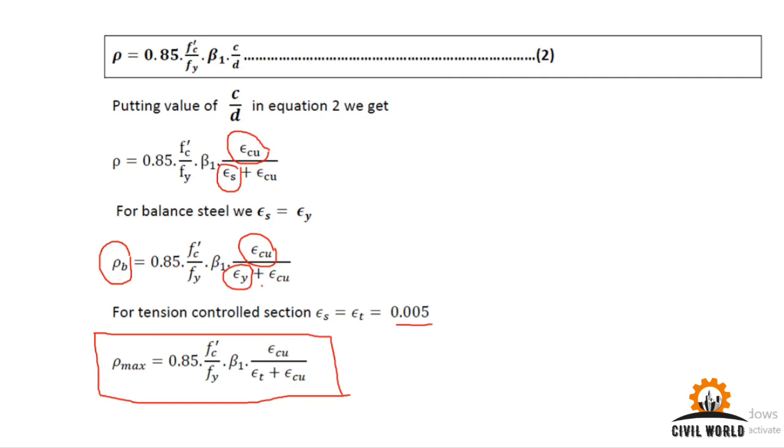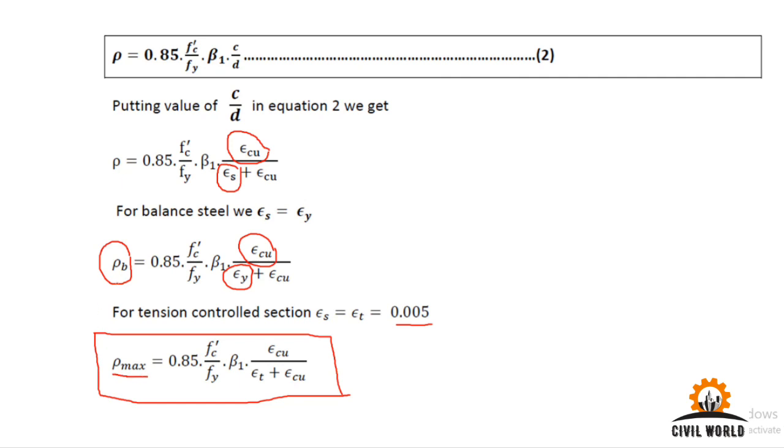Then you can put in the same values except epsilon t, which is 0.005, and you can calculate your rho max, and then just compare this rho max to rho b. Rho max will be a lot lower value compared to rho b.